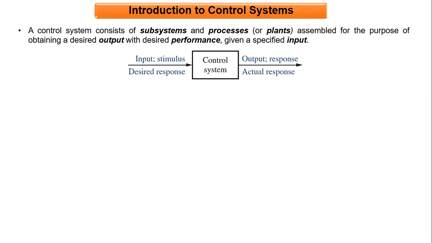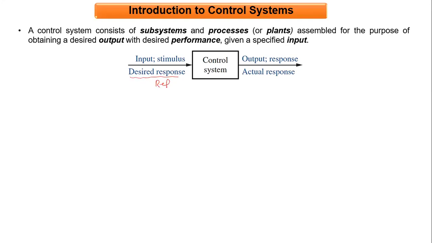As you can see here, this is a kind of block representation. We have the input to the control system. We can call it stimulus, we can call it input, we can call it the reference.